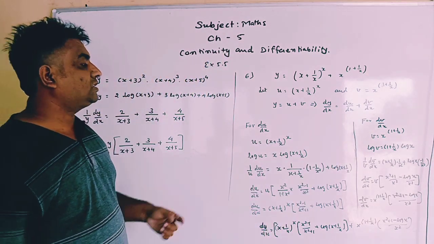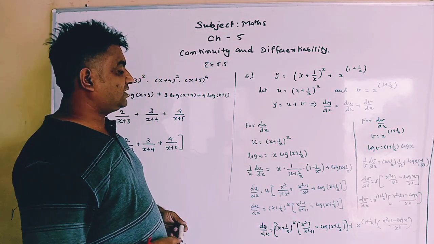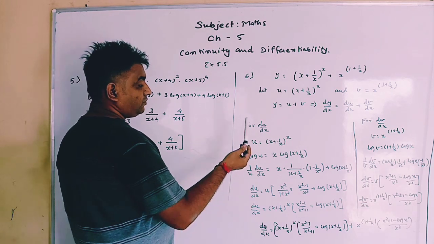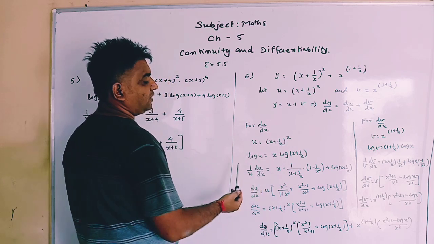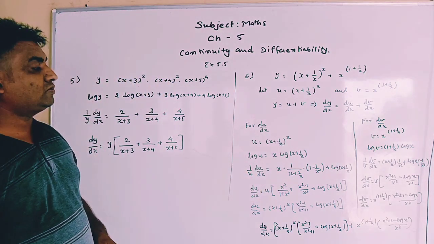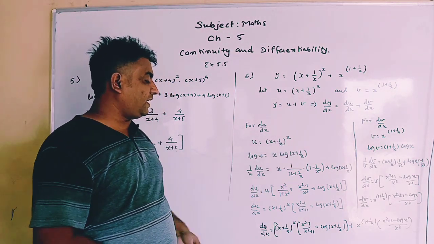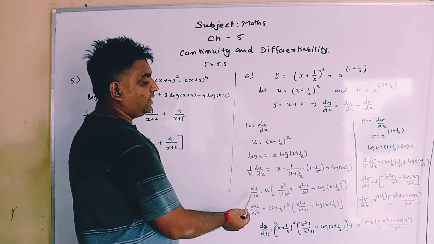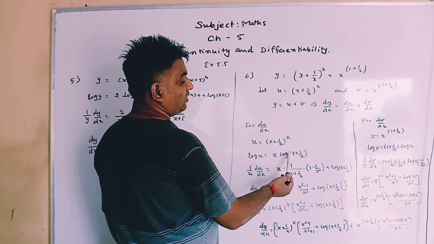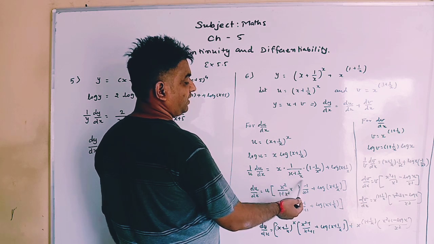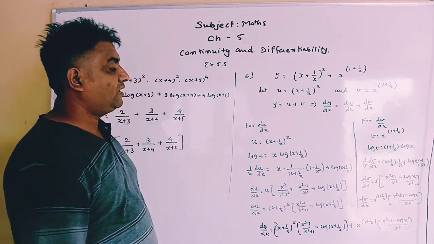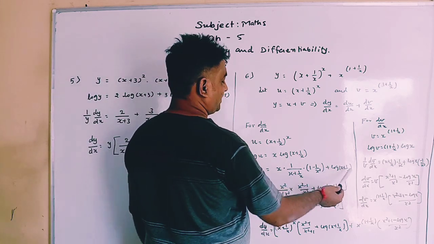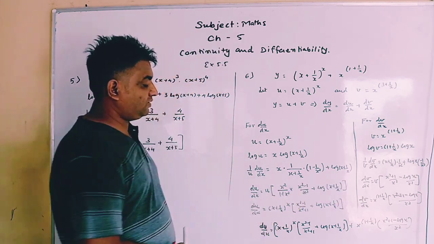And so we take the differentiation of u with respect to x. For u equals (x plus 1 by x) to the x, we take the log function, then log u equals x log (x plus 1 by x). So 1 by u du by dx equals x as it is, times the differentiation of log, 1 by (x plus 1 by x), times the differentiation of (x plus 1 by x), which is 1 minus 1 by x square, plus log (x plus 1 by x) as it is, times the differentiation of x, which is 1.